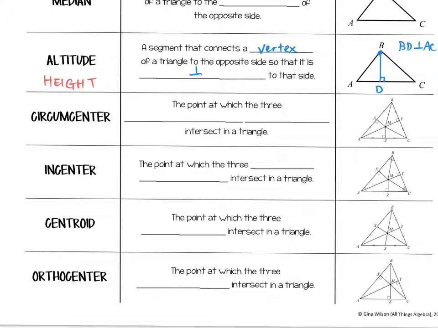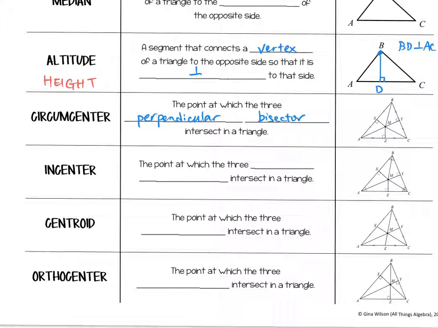Circumcenter is the point at which the three perpendicular bisectors intersect in the triangle. Remember, a perpendicular bisector is the segment that divides the side into two equal parts, and it has to be perpendicular.